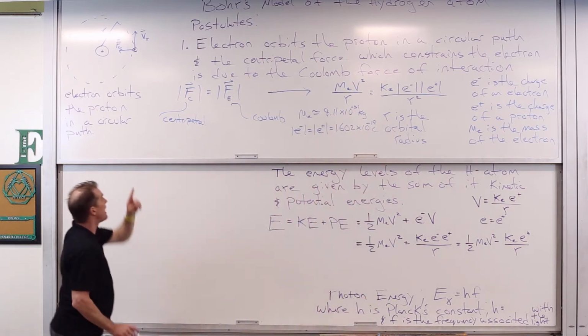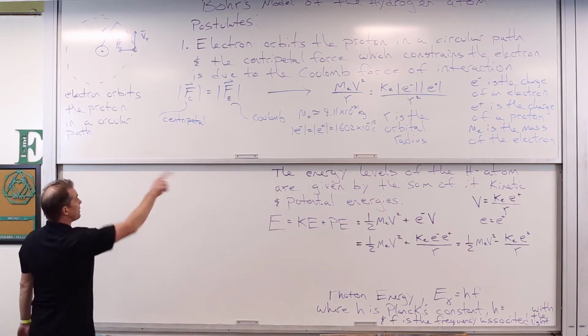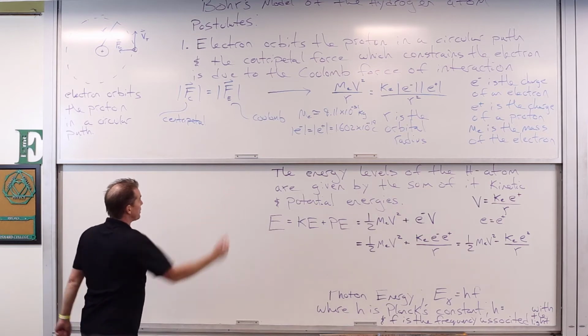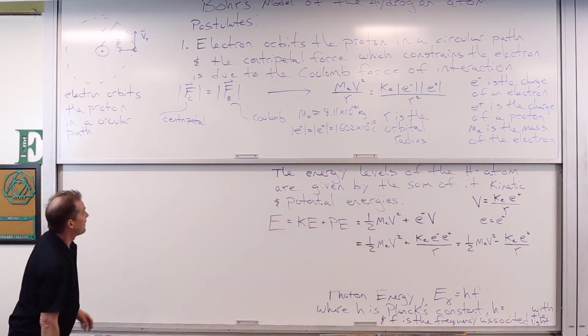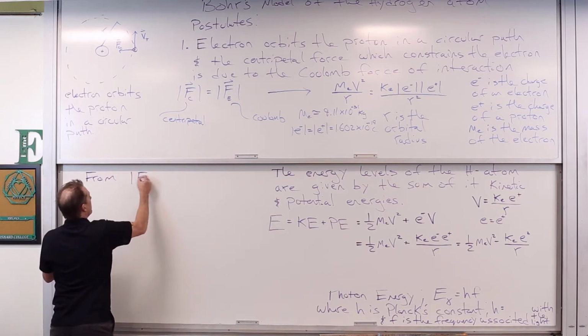So let's take the centripetal force being manifested by the Coulomb force and solve that out for v squared.